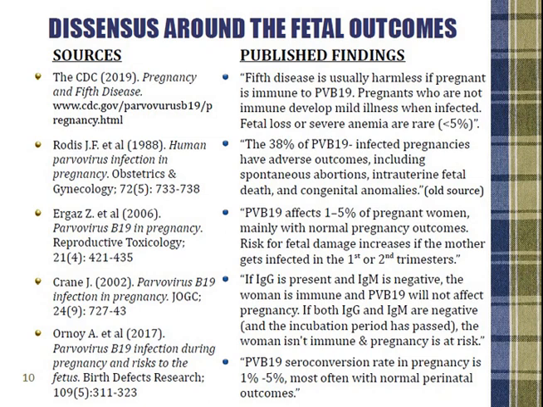Nonetheless, I could not incorporate them all on one slide, so I only quote 5 sources, 4 of which indicate that parvovirus is not a teratogen. It does not cause anomalies in fetus. Only one source mentions congenital anomalies, but that article was published in 1988. Recent studies do not find parvovirus as teratogenic.